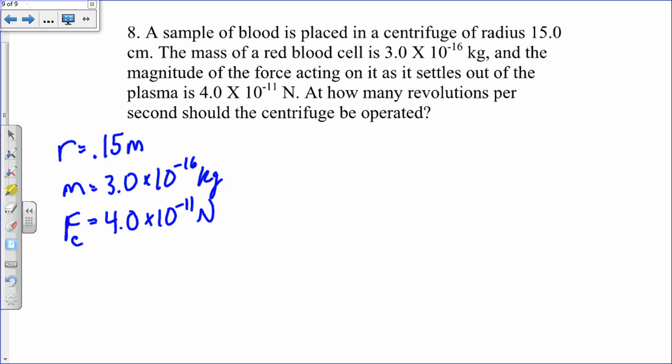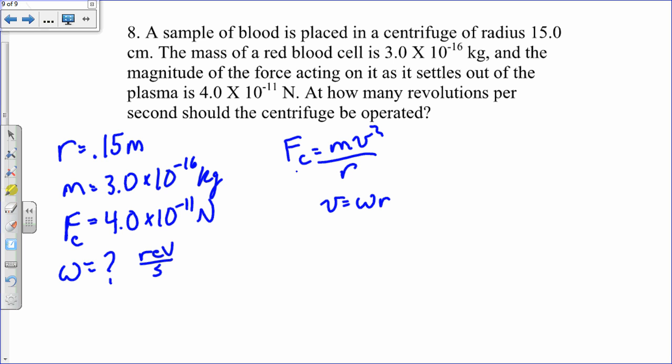It's the force that pulls those blood cells out of the plasma. I want to know how many revolutions per second the centrifuge should be operated. So I want to know omega, particularly in revolutions per second. My centripetal force is mv squared over r. As we said, v is equal to omega r.